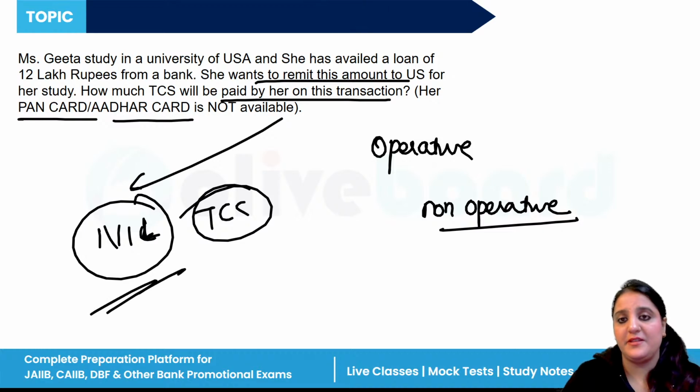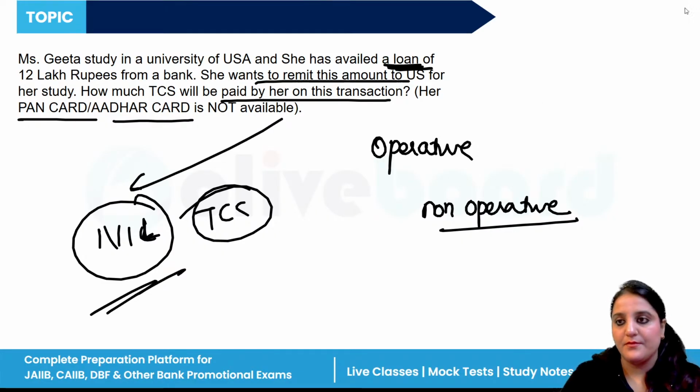No TCS will be there because she availed a loan. That's why no TCS is there, right? But if she had not availed any type of loan, then 10% tax is deducted. Yeah, nil answer is correct.